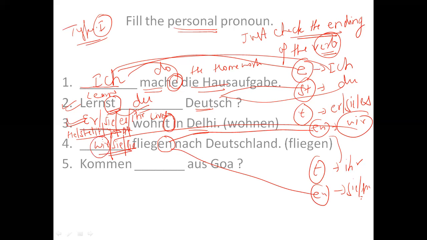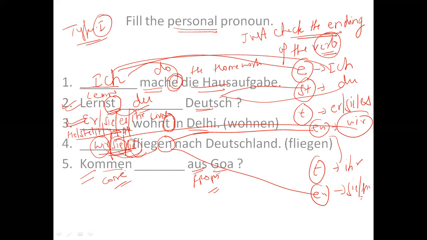If you write wir, it will give you the meaning of we fly to Germany. If you write capital Sie, then it will give you you are flying to Germany. And if you write small sie, then it will give you the meaning of they are flying to Germany. Similarly, next sentence, it says kommen is come, and woher you already know. Aus is from.